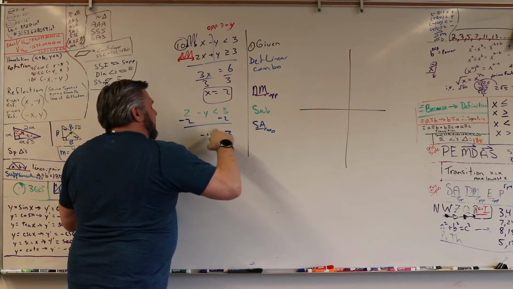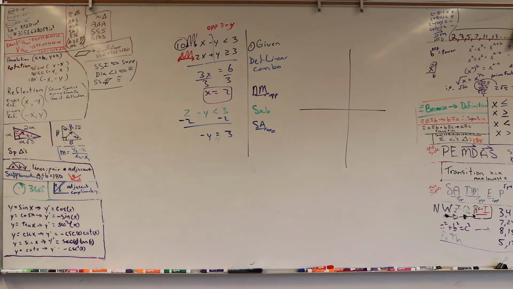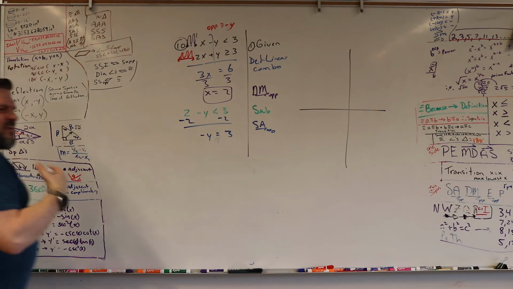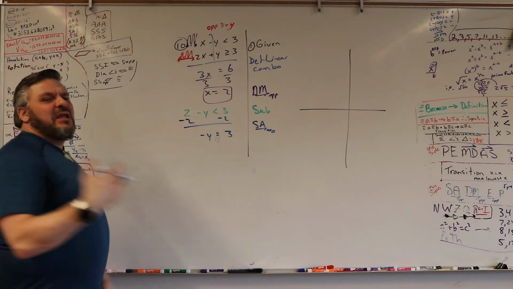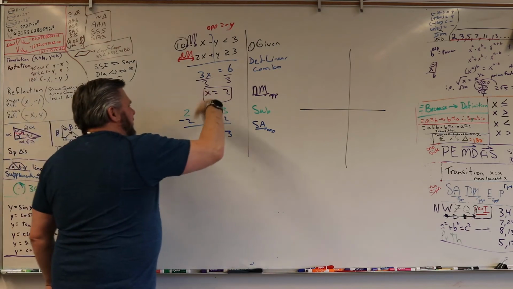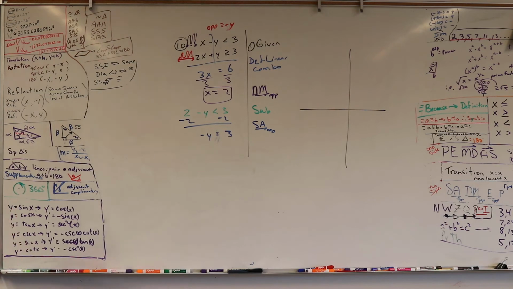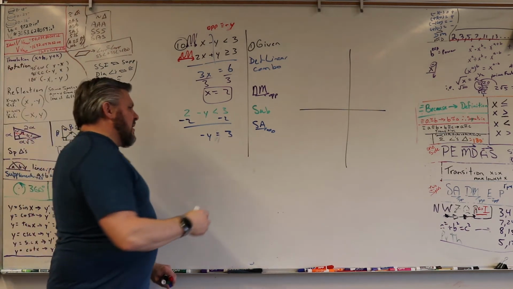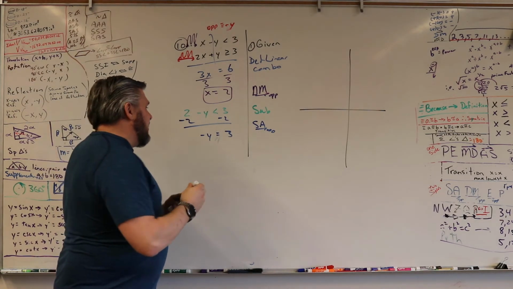But remember, when we're solving, once we substitute it in, we're just going to say equals, because we're just trying to find the X and the Y. So it's going to be equals. We don't worry about the greater than or less than, unless we're solving for Y. We're solving for X. Does that make sense? I know it's kind of confusing, but I'll explain it a little bit in a minute.